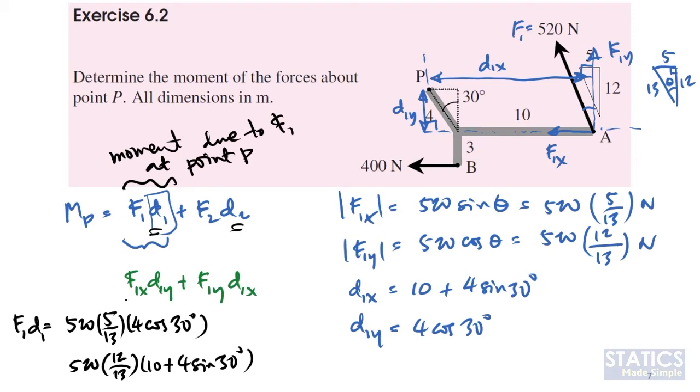The direction of moment can be simply obtained from the direction of force with respect to point P. So let's consider the first part here, which is f1x times d1y.